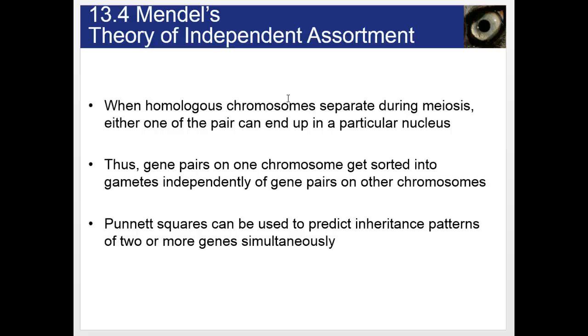So basically this is saying that of all 23 pairs of your chromosomes, all of them have to be split, the homologous pairs split into separate gametes. So let's take pair 1 and pair 2 for instance.